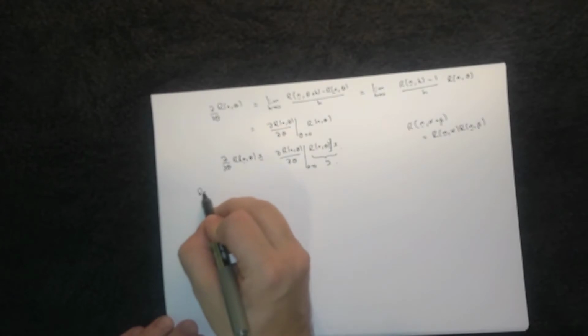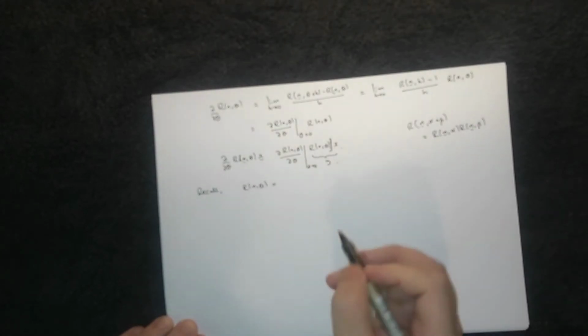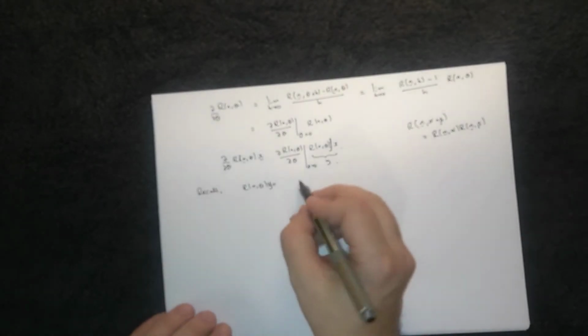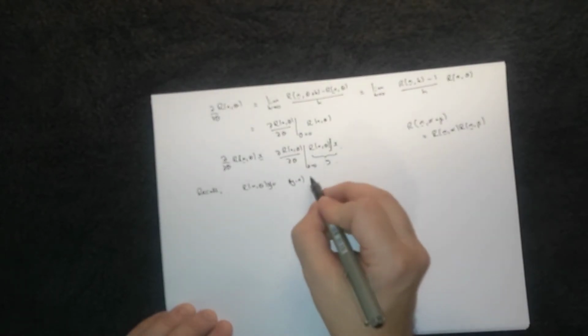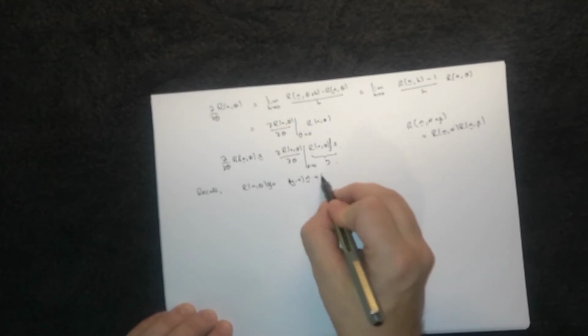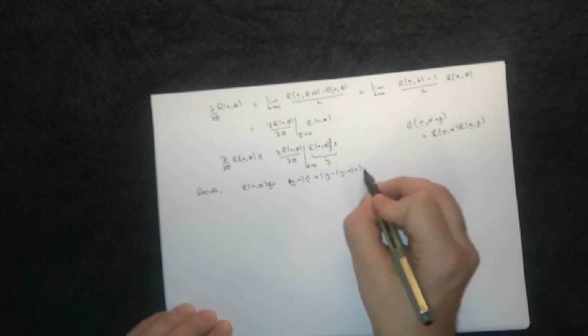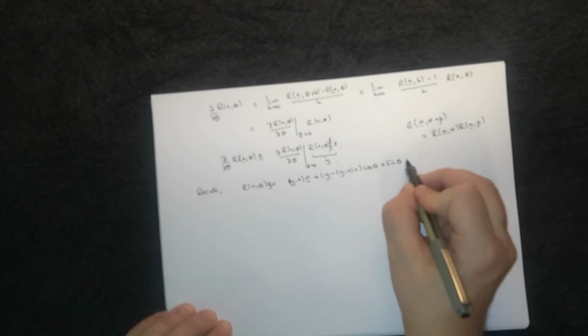So recall r(n, theta) times y is equal to (y dot n) n plus (y minus (y dot n) n) cos theta plus sine theta times n cross y.